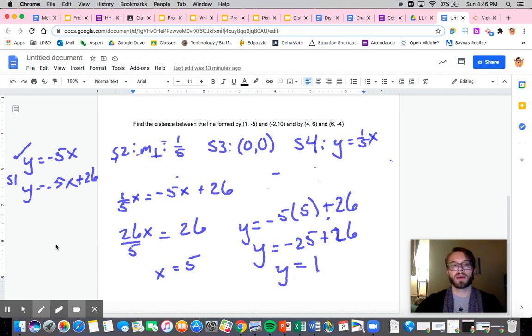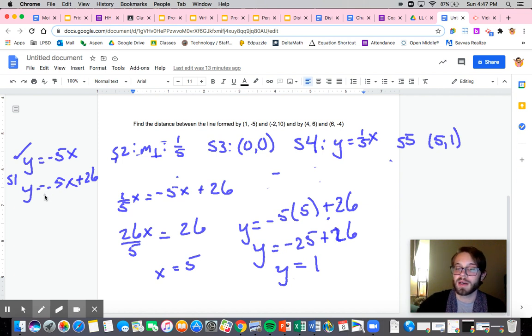All right, so now I have my point. So that was my fifth step. So I got my new point, which was 5 and 1. Okay, so now I just need to find the distance between them. Again, pick the easiest point. That made things much easier for me.